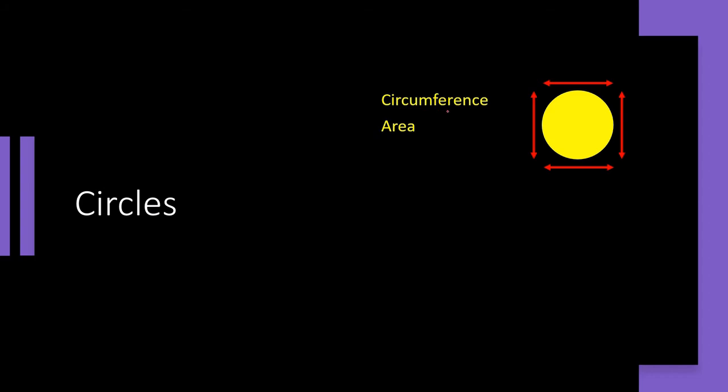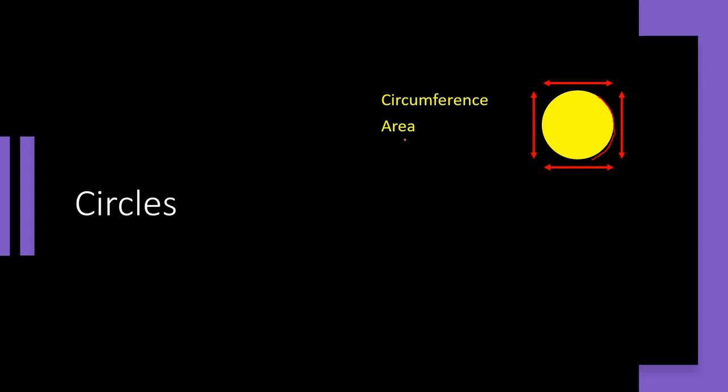The circumference is when we measure the distance from one starting point of the circle going all the way around the outside back to the starting point. So that's what we measure in the circumference of the circle.